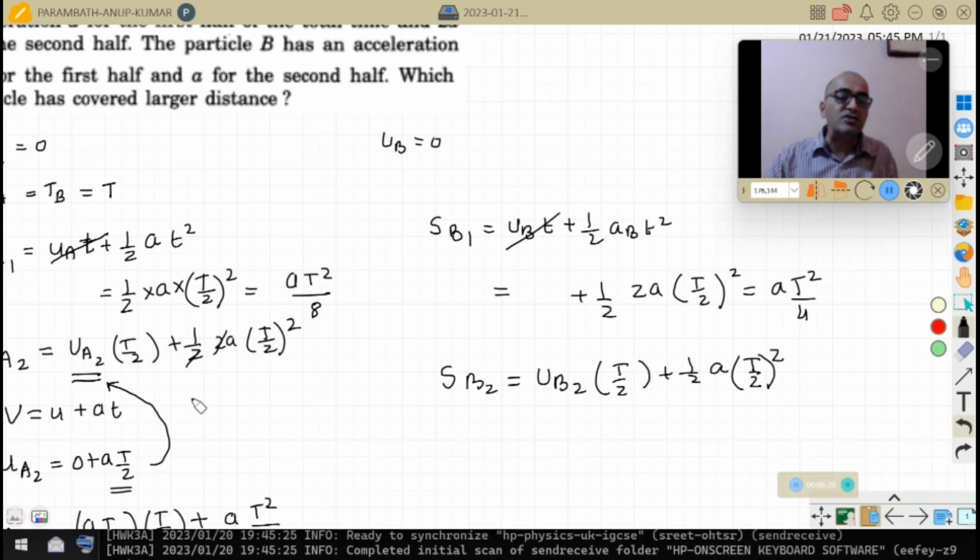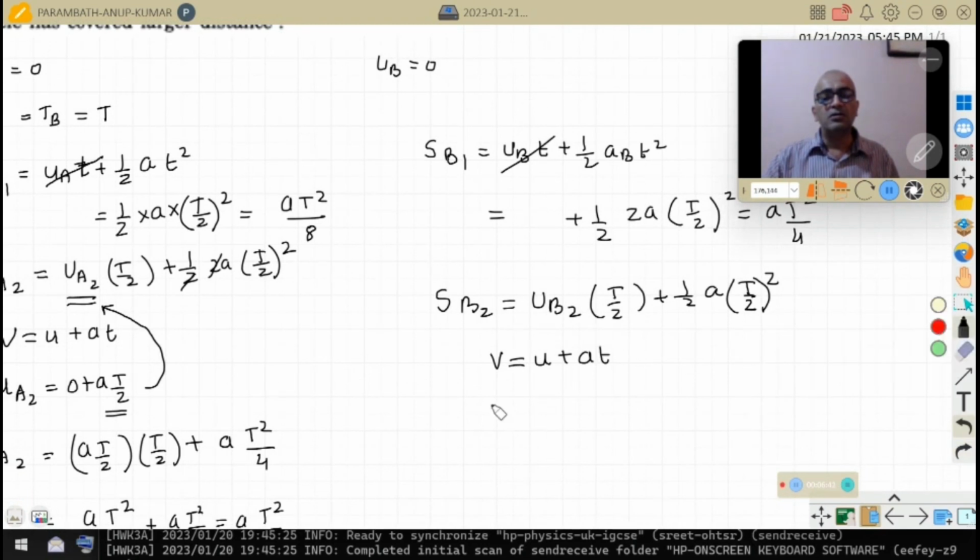How to get the initial velocity of B during the second half? The same idea which was applied for A, we will apply here. That is v is equal to u plus at, and I will apply UB2 equal to 0 plus a. Here, because the acceleration of B is 2a, I'll put 2a into t by 2.